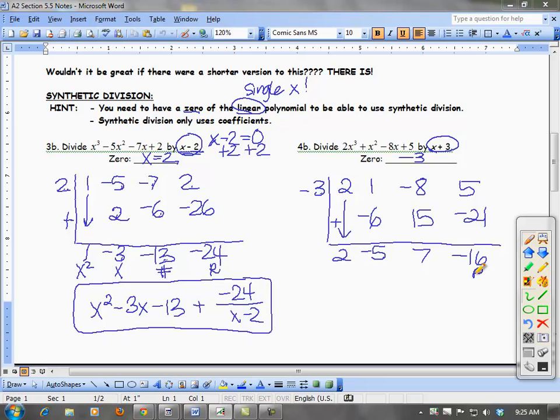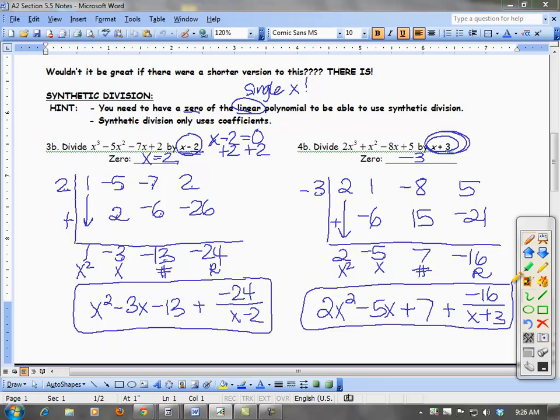So the last number is our remainder, and then our constant, our x squared. So my polynomial that I end with, my quotient, is 2x squared minus 5x plus 7 plus negative 16, and you go back to that linear factor, divided by x plus 3.